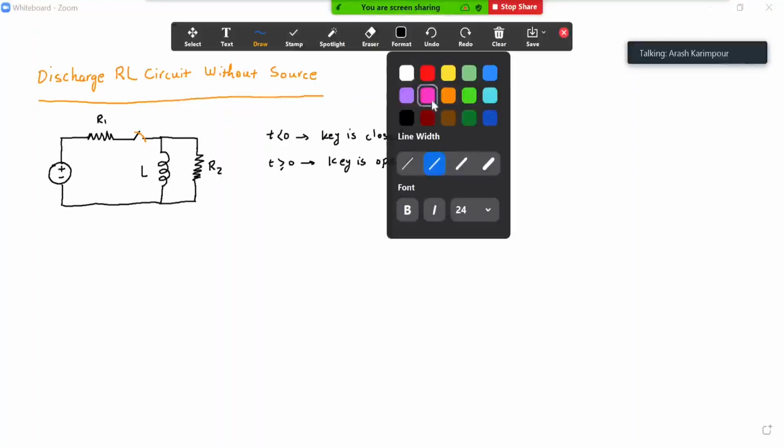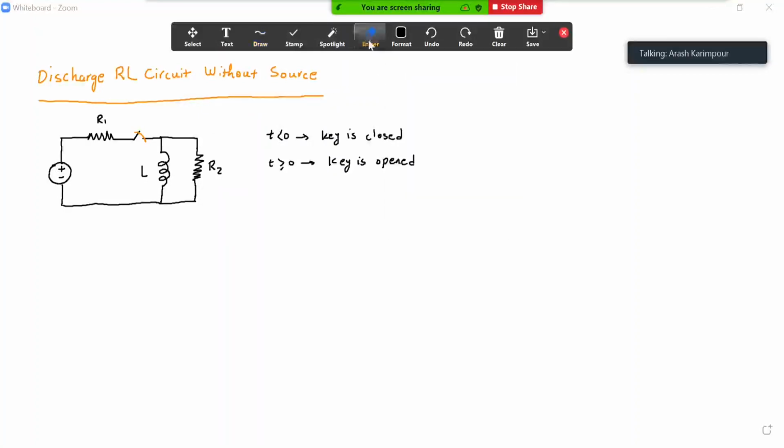By the time it's open, the inductor is fully charged. I want to see how we can solve that.